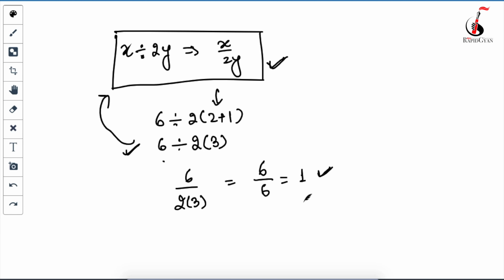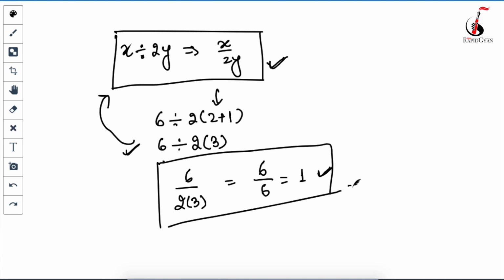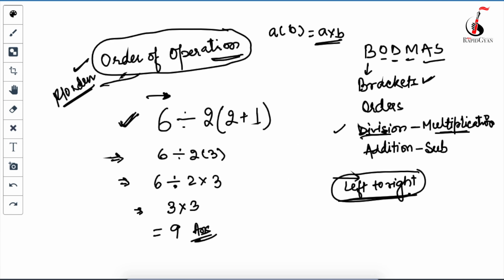But guys, this is the historical justification, not the modern order of operations technique. So your answer is not 1. If anyone argues that your answer is 1, they are solving this using the historical justification. But as per the modern order of operations, this is the correct way of solving this kind of question, and your answer is 9. Hope you guys understand this.